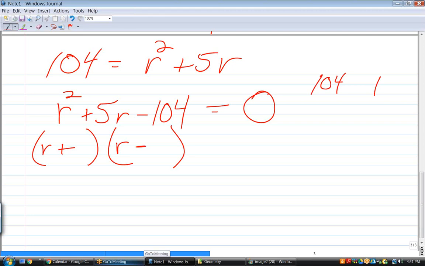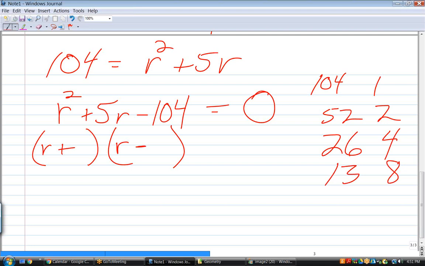Well, there's one set. Let's cut that in half and double that. That's 52 and 2. Let's do it again. Cut this in half and double this. Notice how I'm doing factors here. Let's do it one more time. 13 and 8. We just found our two factors.